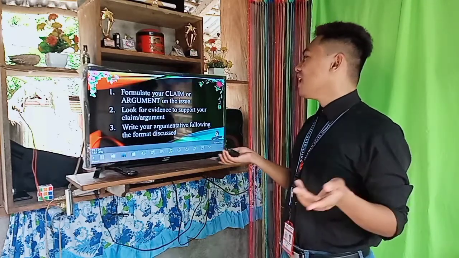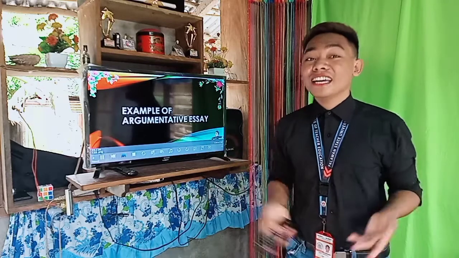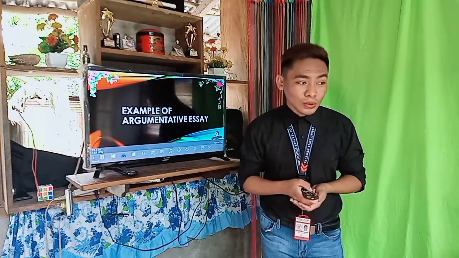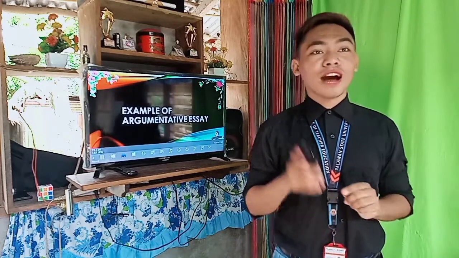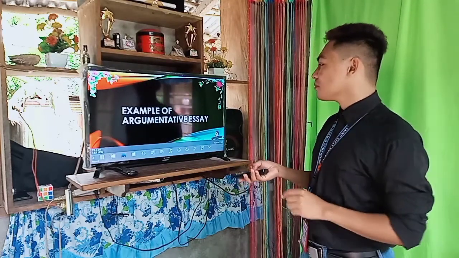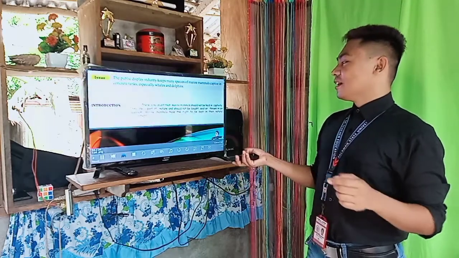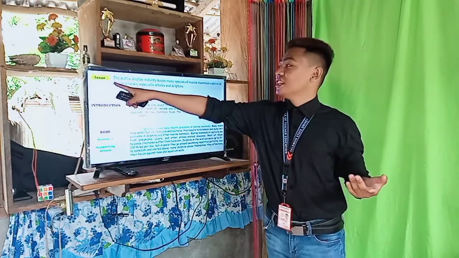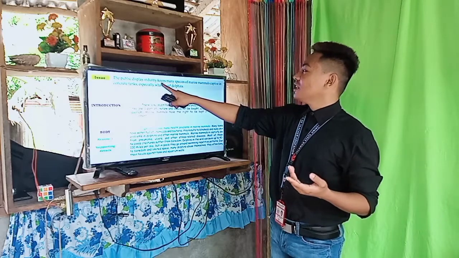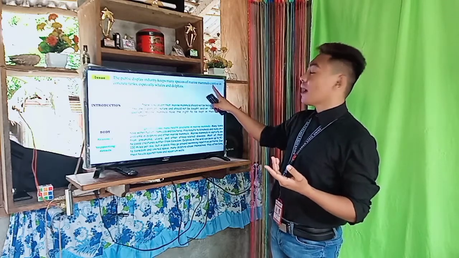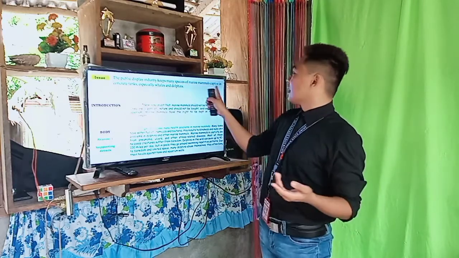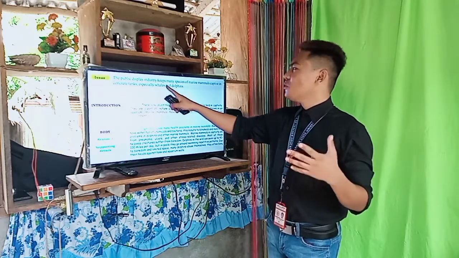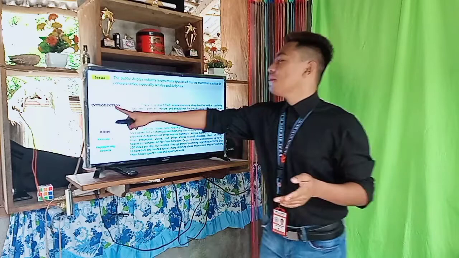So now let's proceed to the example of argumentative essay. Here, I'm going to present with you an example of argumentative essay. There is an issue: the public display industry keeps many species of marine mammals captive in concrete tanks, especially whales and dolphins. So we have this introduction.